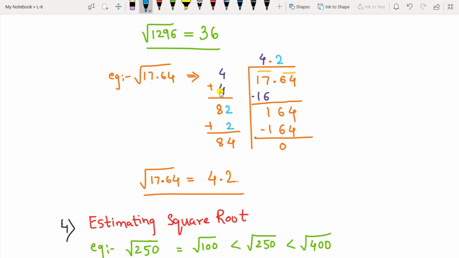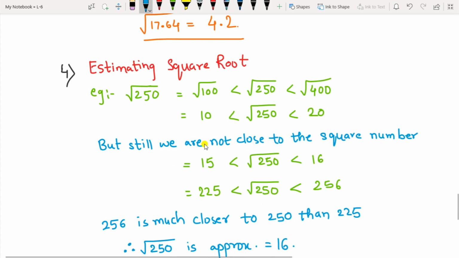Then add 4 again, you get 8 here. Then multiply with such a number that it is the same up and down, so that you get 164 or near to it. So 82 2s become 164. After subtraction you get 0, and the answer is 4.2. So the square root of 17.64 is 4.2.